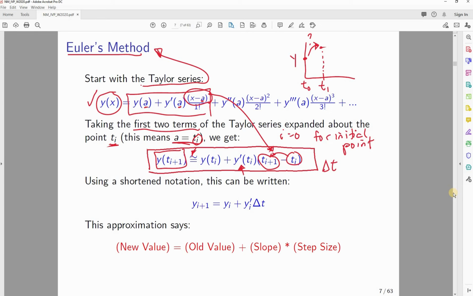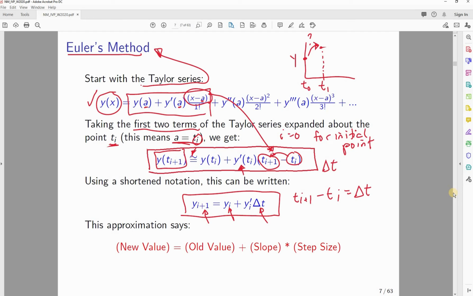So Euler gets some credit all over the place, but effectively he's just using the first 2 terms of the Taylor series expansion. All right, well, you've probably already moved on to this shortened notation, but effectively, if we assume the subscripts are representative of time, then we don't need to keep the ti, and we can replace ti plus 1 minus ti, assuming the time difference between each one of our time segments, which happens often, very similar to numerical integration, with just a delta t.